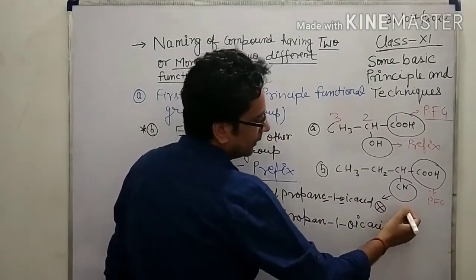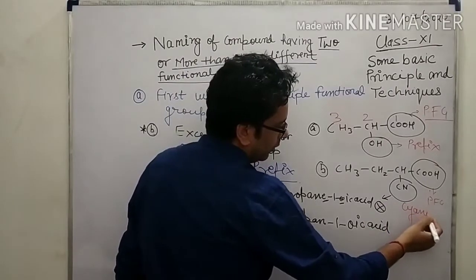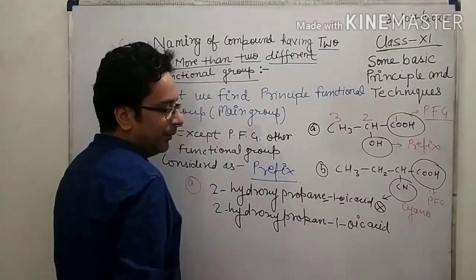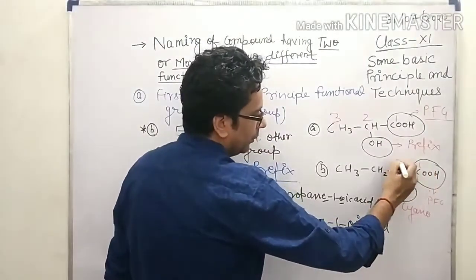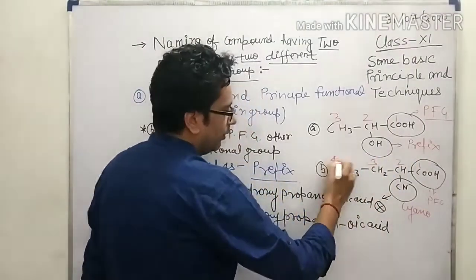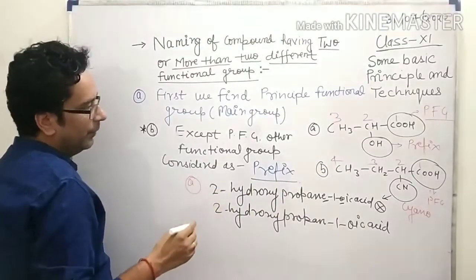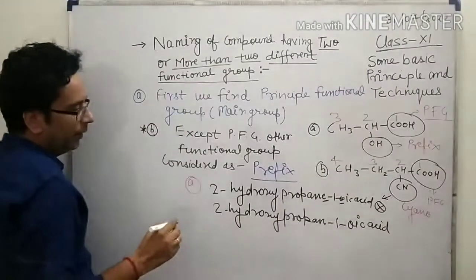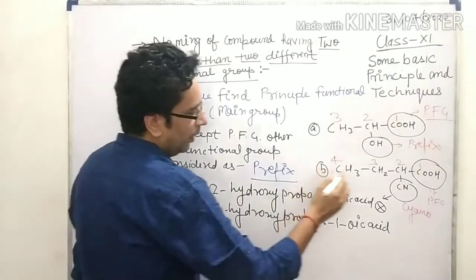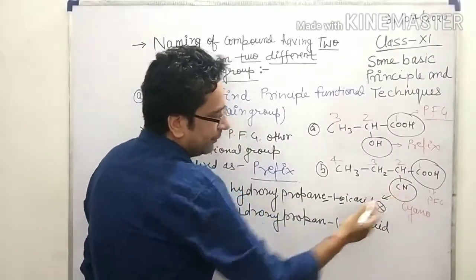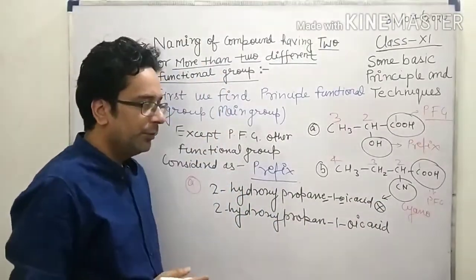So cyano acts as a prefix. Numbering 1, 2, 3, 4. So what is the name of that compound? Look here, CN. It is cyano, CN.